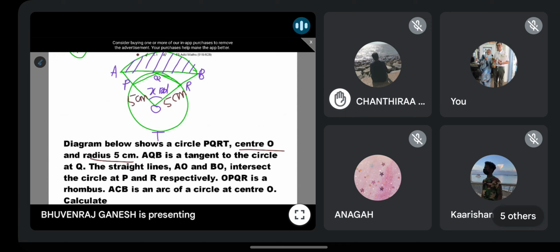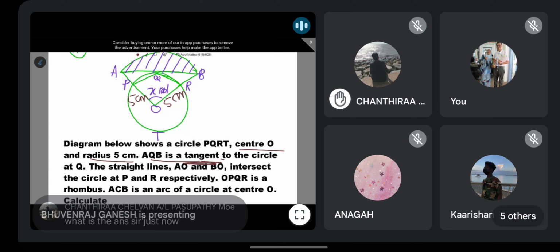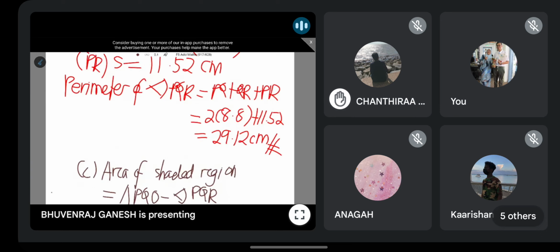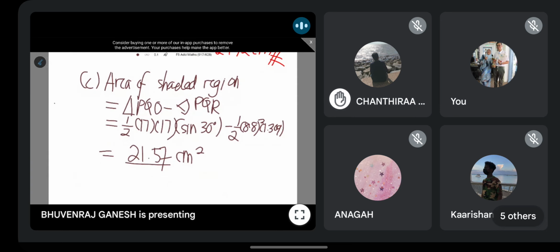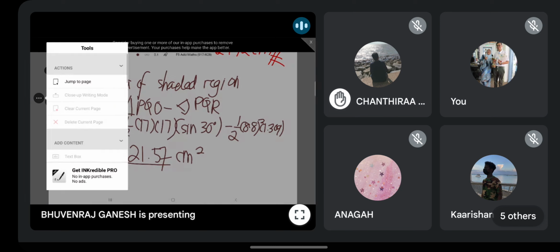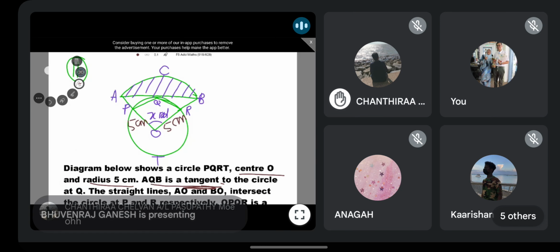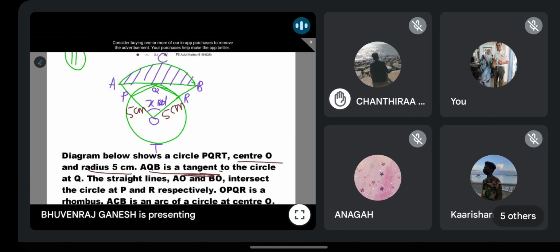You must get this correct first. And then AQB is a tangent. Wait, the answer is 21.57 for part C. So tangent, guys, what will we label?